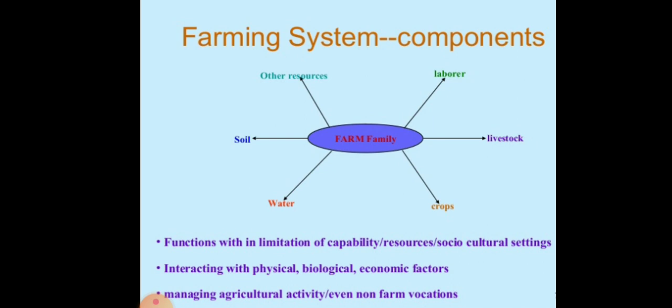Like for example, you conduct a feasibility study or you make a business plan for vegetable production in Banawe, but what most the consideration is the buyer, okay, or the market. And then managing agricultural activity or even non-farm vocations, like for example, what are other agricultural activities needed in the farm.